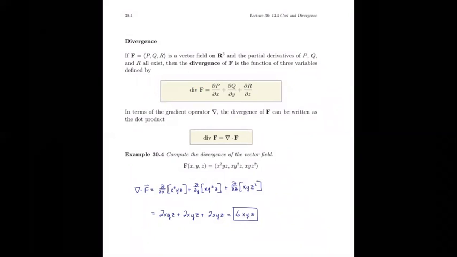So in terms of the gradient operator, we can write divergence of f as del dot f. And we see that that would be exactly the case up above. Del dot f would look like, maybe I'll write it as dx, dy, dz, partial differentials. This is a vector.